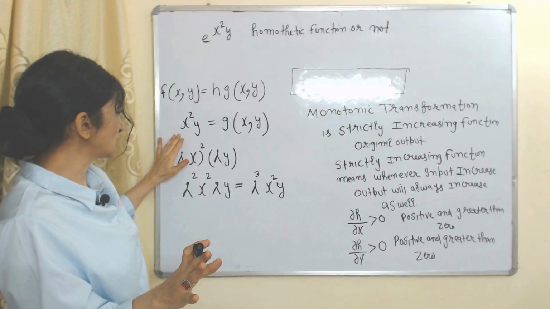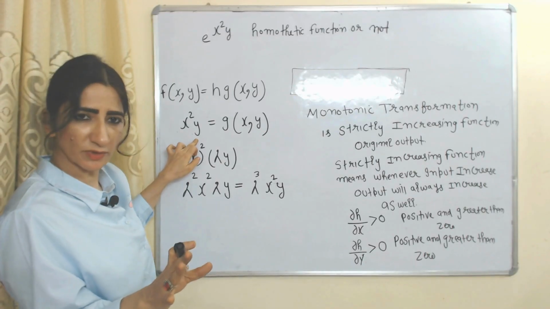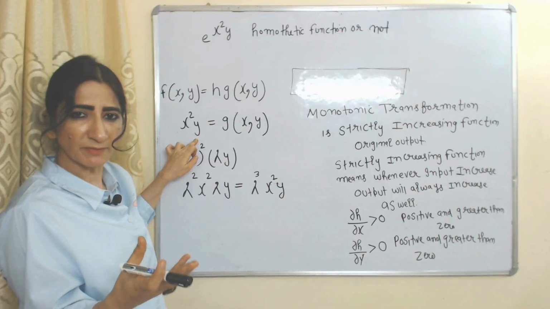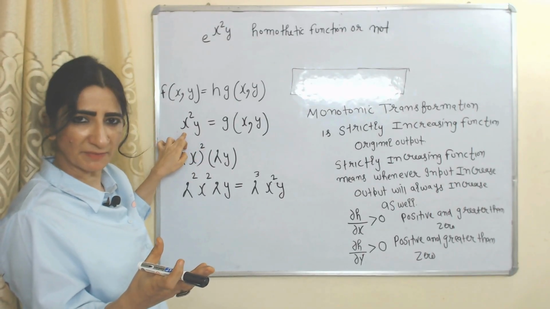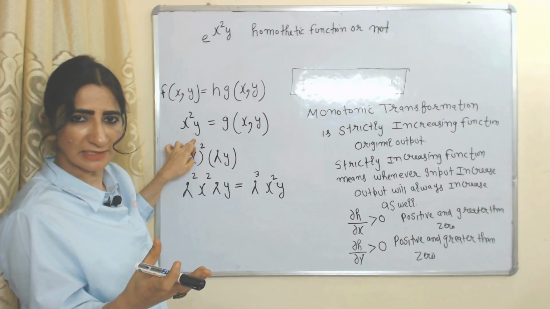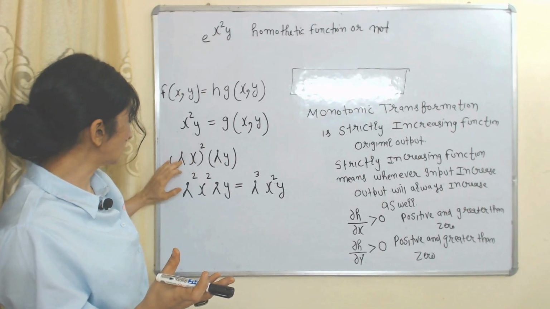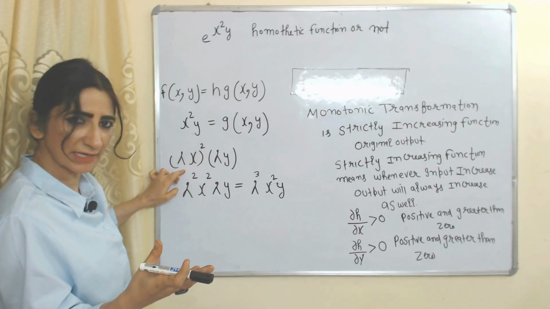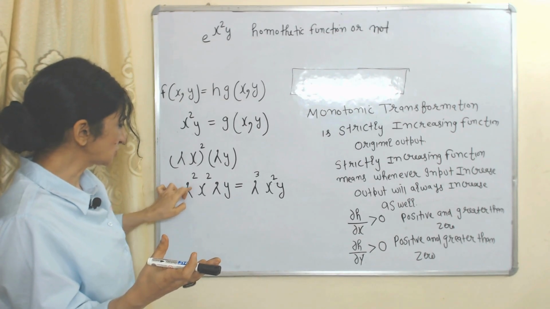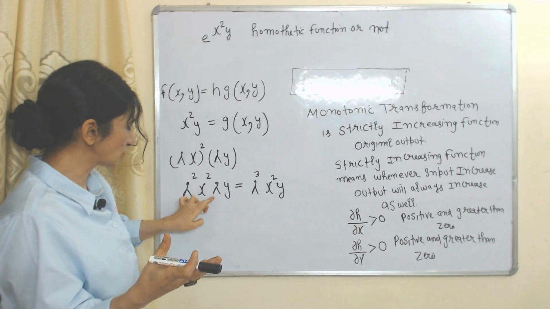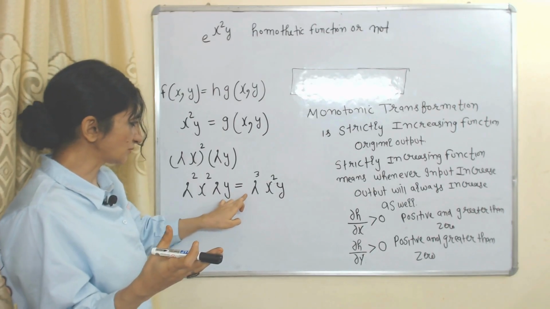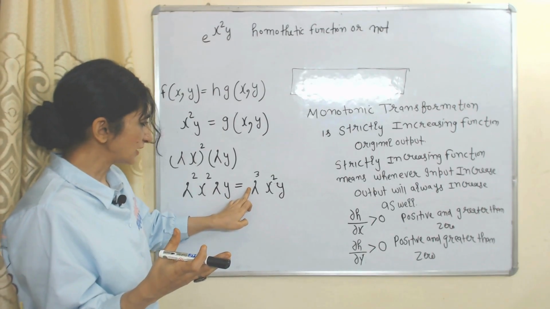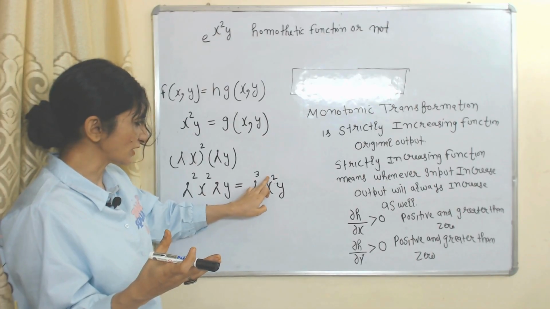In order to see that, we will multiply both variable x and y with lambda. So when we multiply both variable x and y with lambda, it will look like this. Lambda raised to the power 2, x raised to the power 2, lambda y, it will become equal to lambda cube x square y.